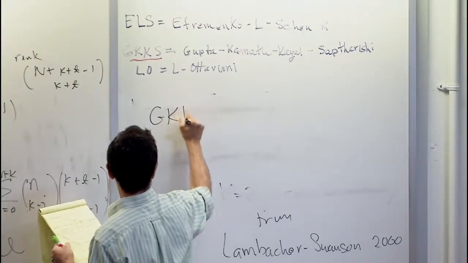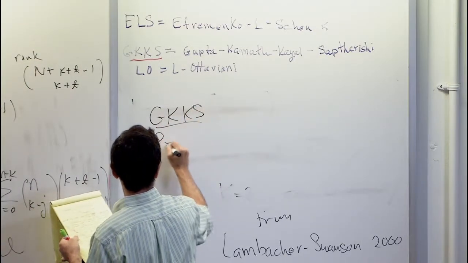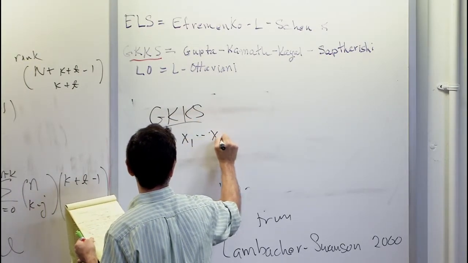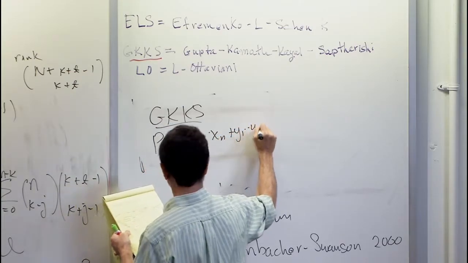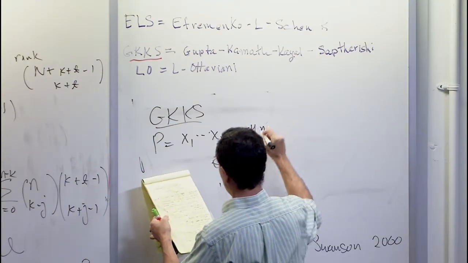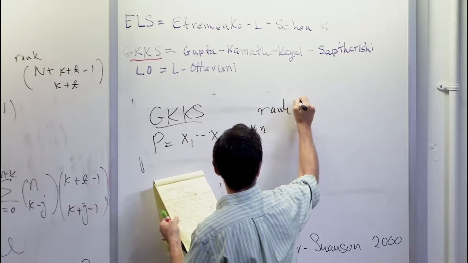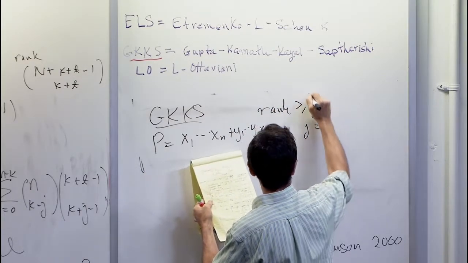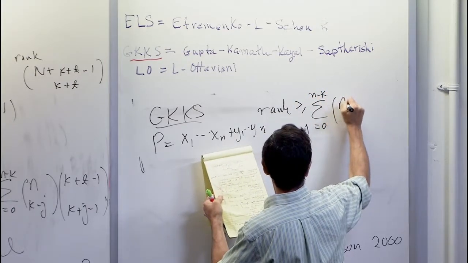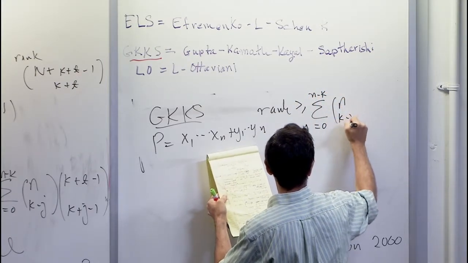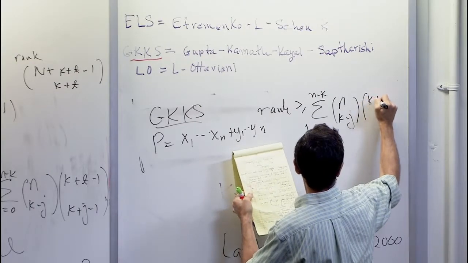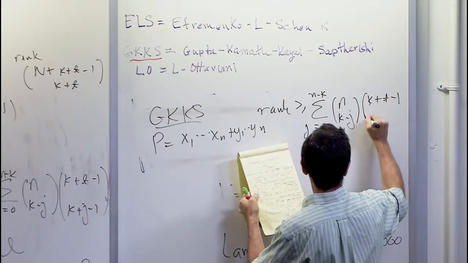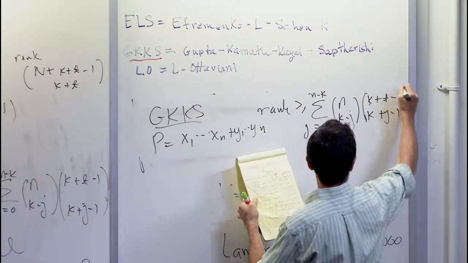GKKS: if P is equal to a sum of two monomials, the rank of this linear map is at least the sum j equals 0 to n minus k, (n choose k minus j), (k plus t minus 1 choose k plus j minus 1).